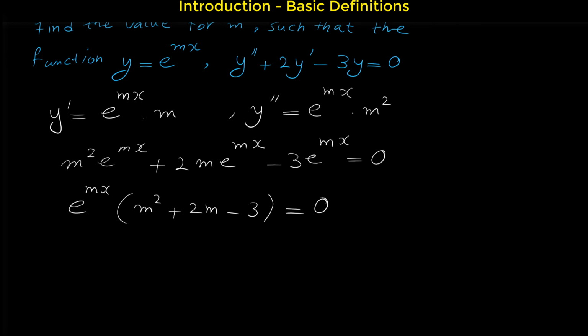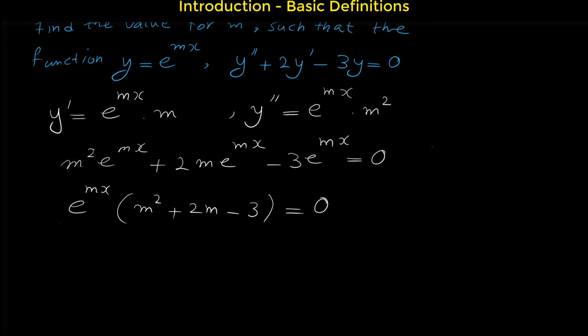But note that e to the mx is never equal to 0. Let me show you the graph of e to the x. This is the graph of e to the x, if you remember. And as you can see in this graph, e to the x is never equal to 0. And so e to the mx cannot be equal to 0.